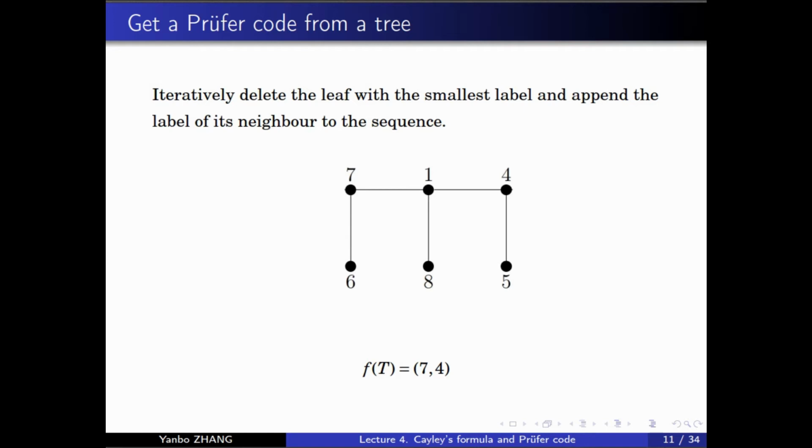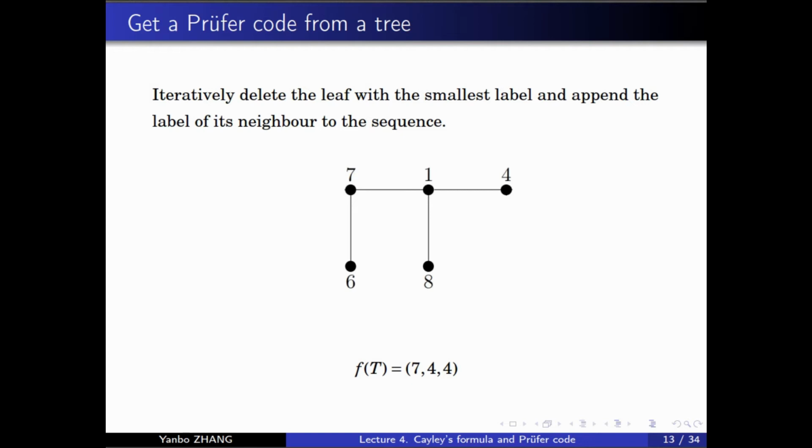Now we have f(T) equals 7, 4. Now we continue. Again, we find the smallest leaf, which is 5 in this case. We will delete 5 from the tree and add the label of its neighbor 4 to the sequence. We get another Prufer sequence 7, 4, 4.